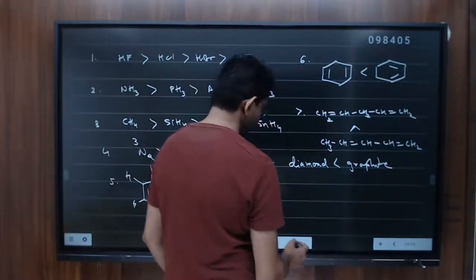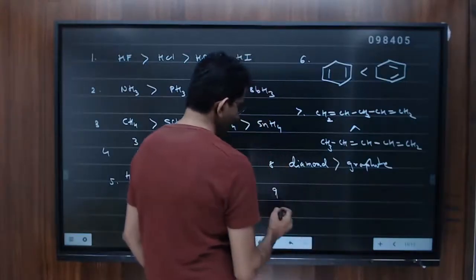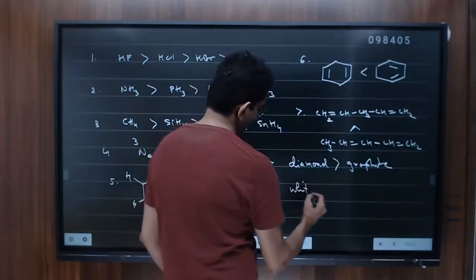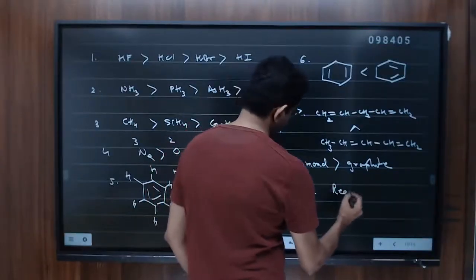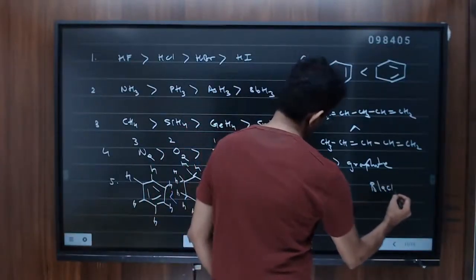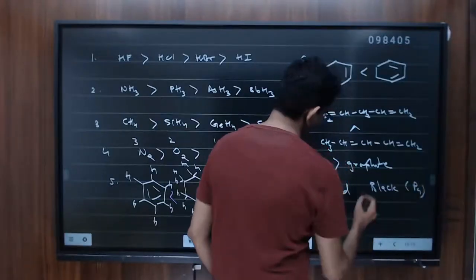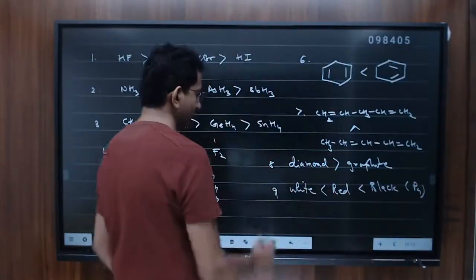Sorry, graphite is less stable. If phosphorus allotropes are there, white, yellow, red, and black phosphorus, so definitely black is more stable. These are practical.